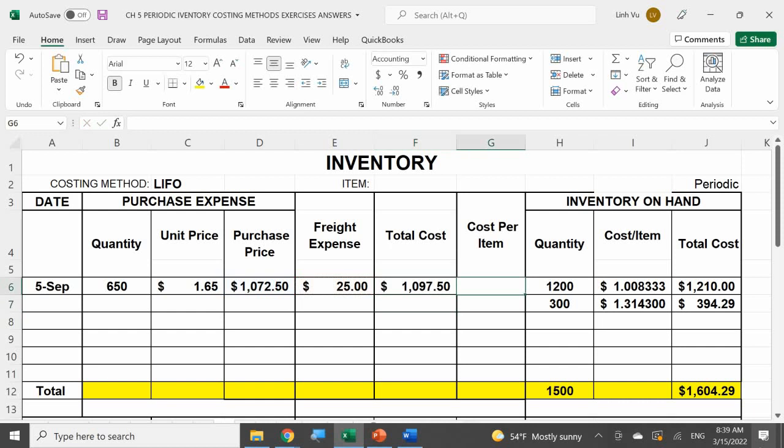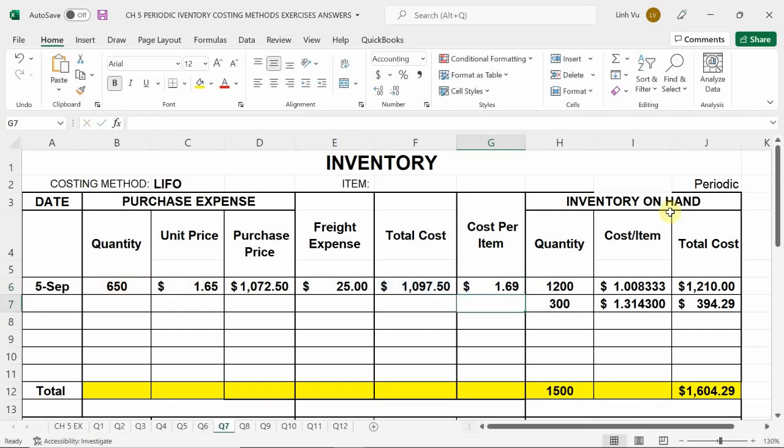Good. And then because we're doing LIFO, we need to calculate our cost per item. So in this case, 1.68846. Good.